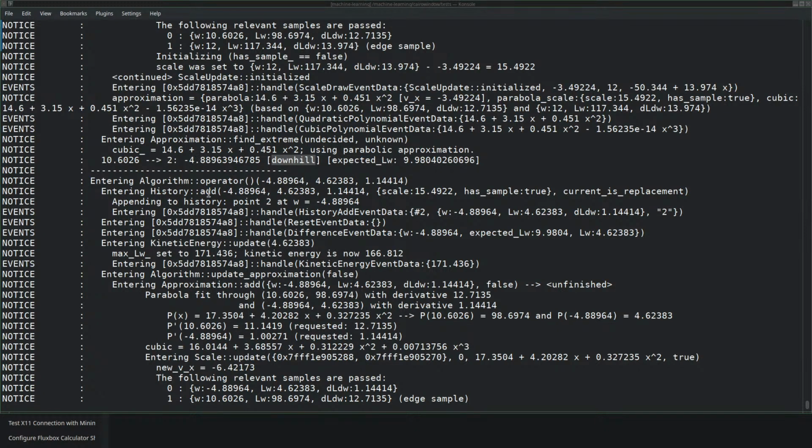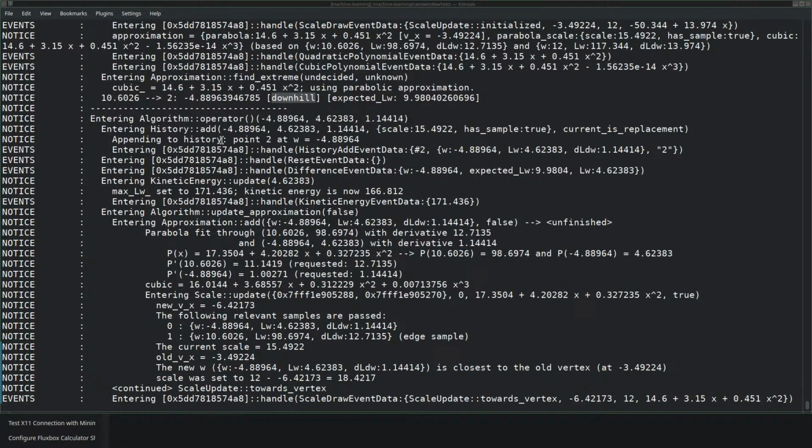Minus 4.8. My history isn't working anymore. I add stuff to the history, but don't see the points. They should be visible in the graph. Appending to history, point 2 at 4.88.